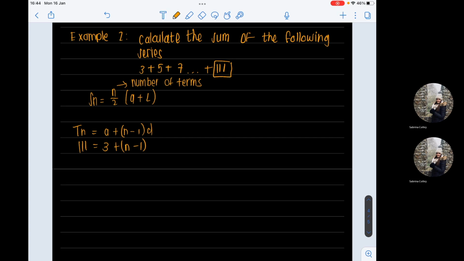From 3 to 5, that's 2. From 5 to 7, that's 2. So I know my difference is 2. So that is 2n minus 2. That is 2n, and if I take those two over, then that's 110. That would give me 55. So I know that this is the 55th term.